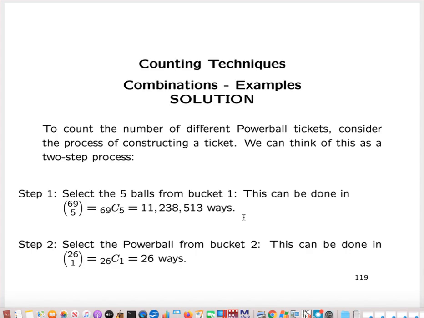And 69 choose 5 is a rather large number, 11,238,513. And then for each one of those ways, there are 26 choose 1, or 26, ways to choose the Powerball from bucket 2.